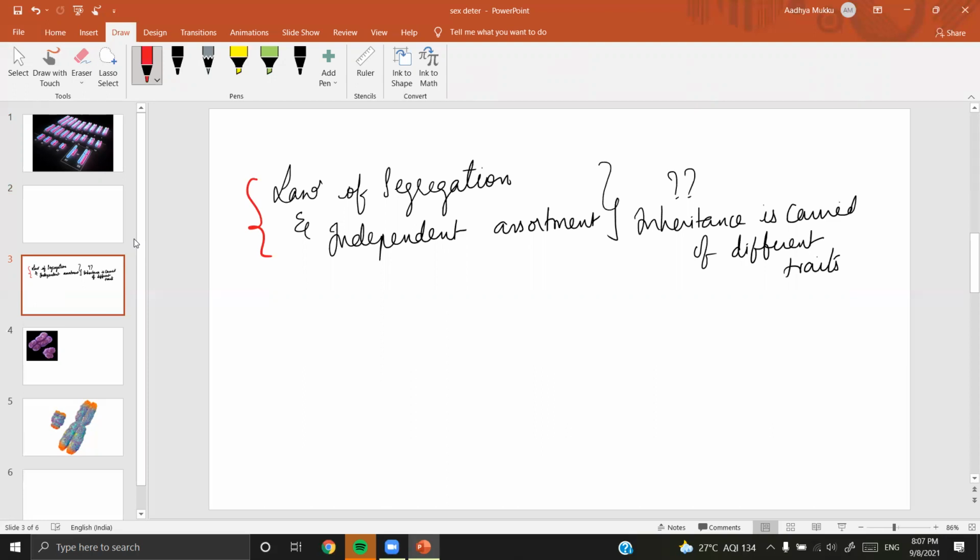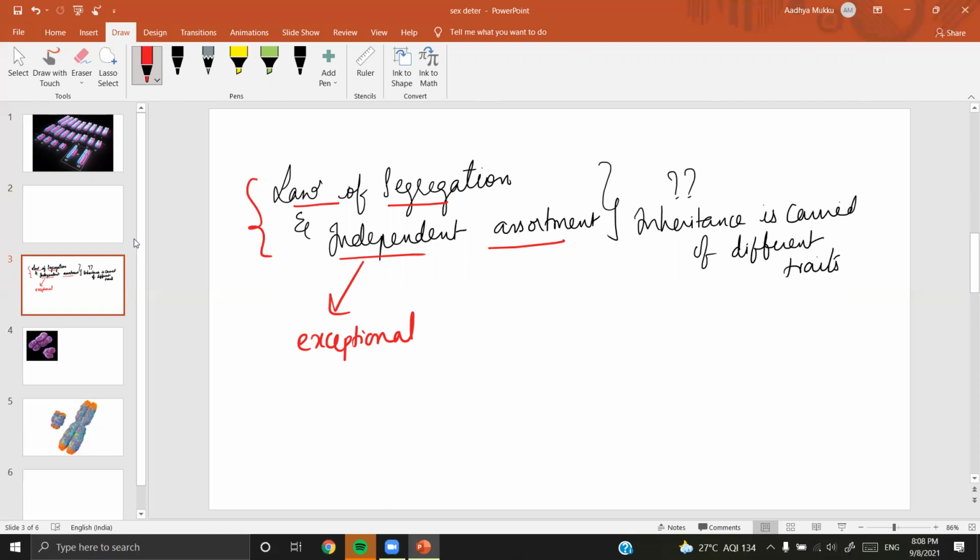However, there are many such characters or traits which are inherited through a much more complex mechanism, which do not follow the law of segregation or independent assortment. These are the exceptional ways in which traits are passed from the parent to the offspring, which cannot be explained by the law of segregation or independent assortment.